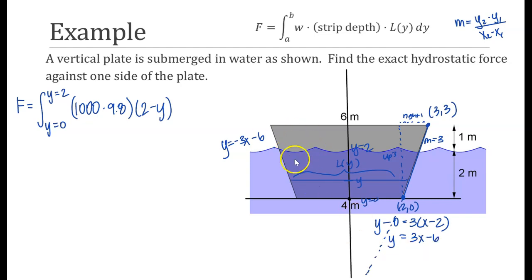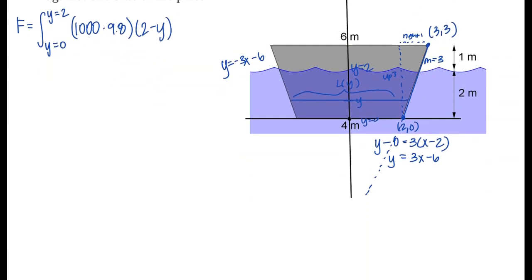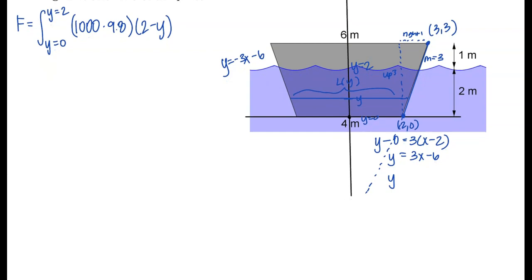So let's see here. Now I need to do right minus left, but I need a function of y, L of y. So I need to rewrite these equations as functions of y. So I'll add the 6 to the other side. So we have y plus 6 is equal to 3x, and then we'll divide by 3.